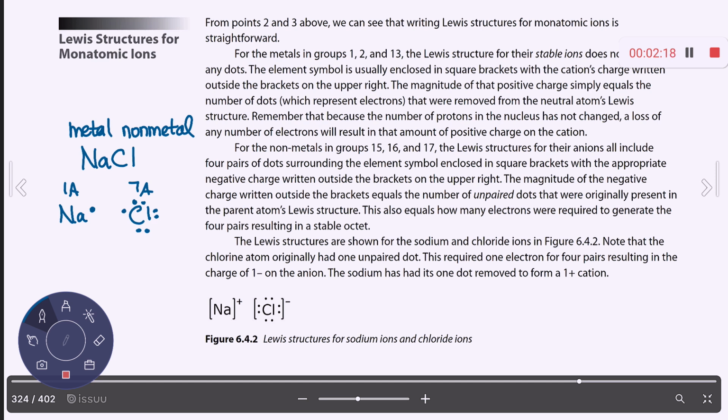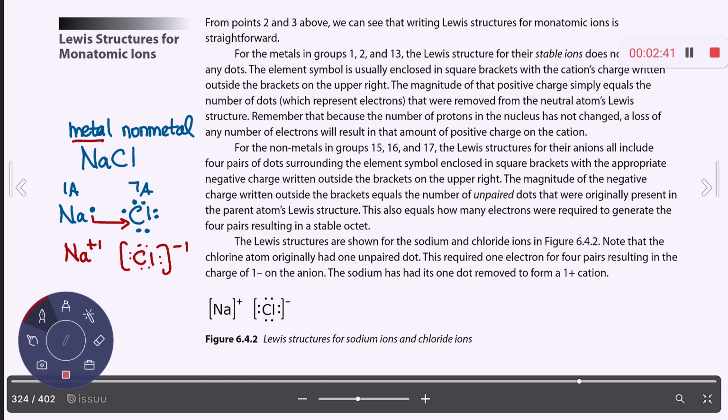Okay, so individually, here's sodium with its one valence electron and chlorine with its 7. So what happens is the metal will give its valence electrons to the nonmetal because it reveals the octet that the metal has underneath. The metal will form a +1 charge, and then the nonmetal, now that it has 8, will form a -1 charge.